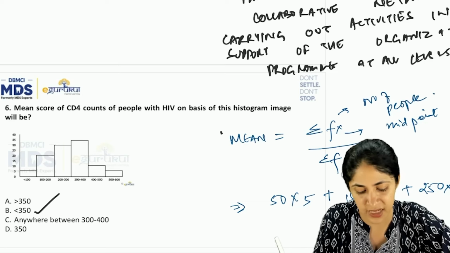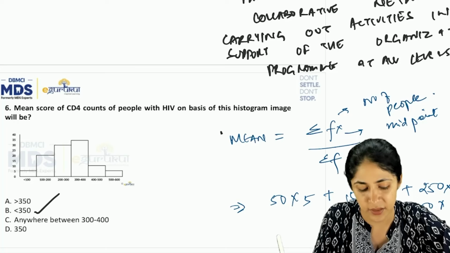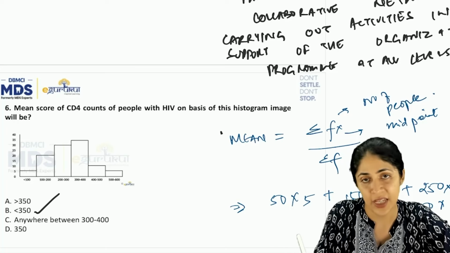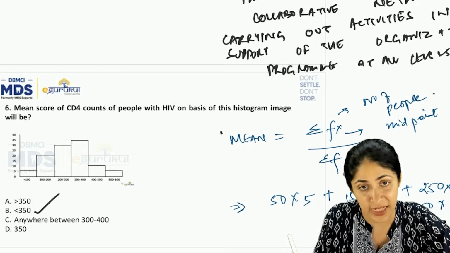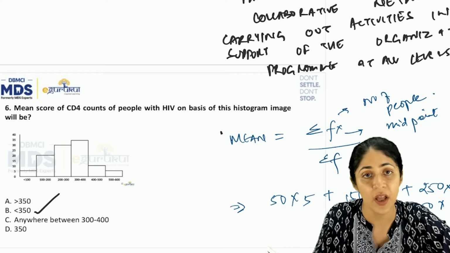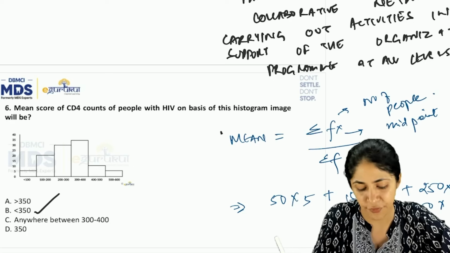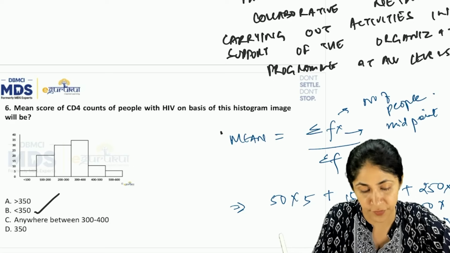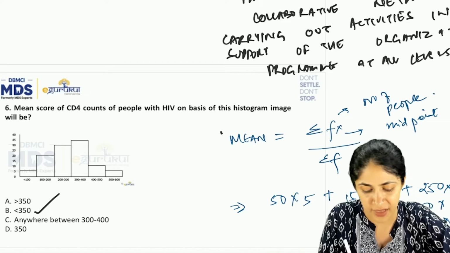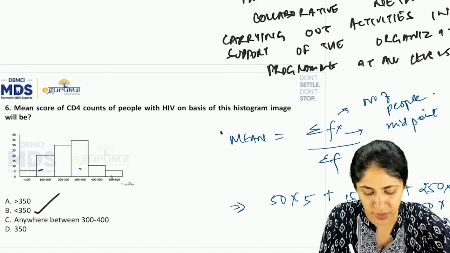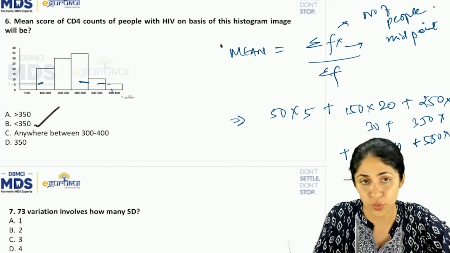Plus 350 into 35, then you have 450 into 10, then we have 550 into 5, divided by the total observations.